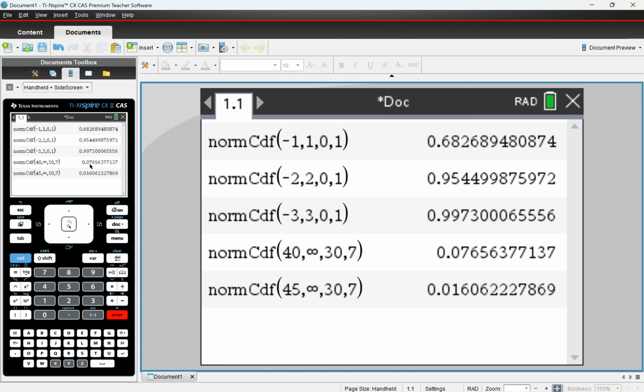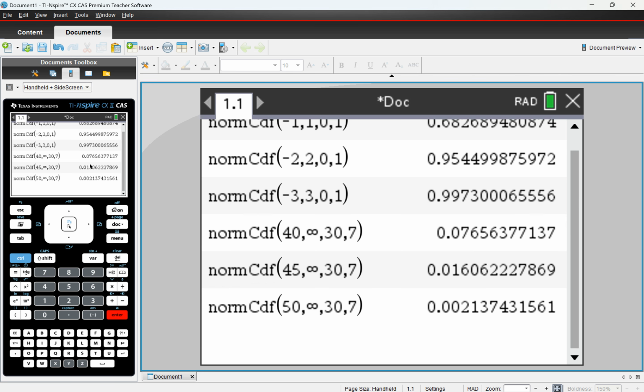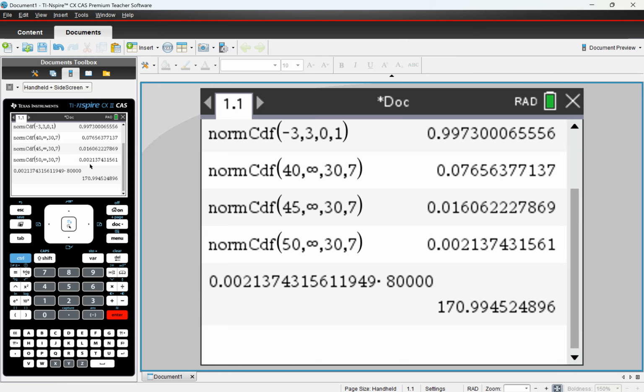So if it's 80,000 students, let's see what's like to get 50. To get a 50, you're the 0.02%, and let's say out of 80,000 students, so let's times it, you're the top 170 of the 80,000 kids to get a raw 50 in that most popular subject because everyone has to do English.